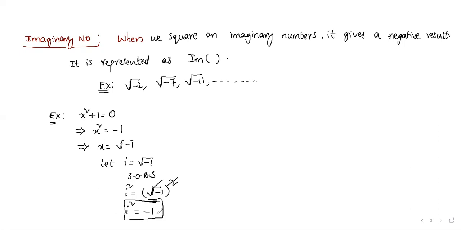So this is the fact. These are all called imaginary numbers. And next, a definition of complex numbers.